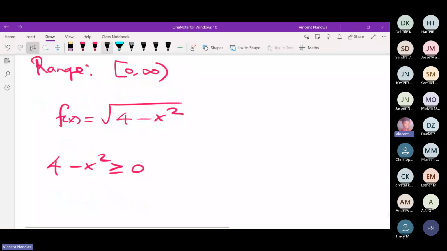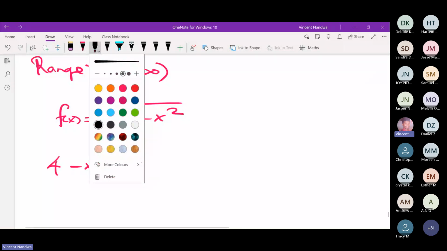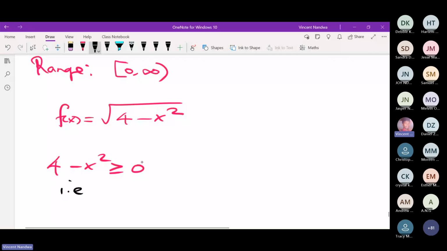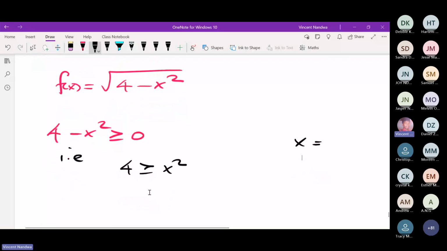That is, the number under the root sign should be non-negative for the root to be defined. So this means 4 should be greater than or equal to x squared. What x values satisfy x squared being less than or equal to 4?